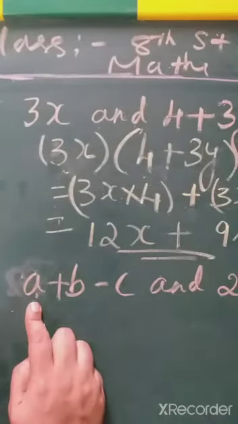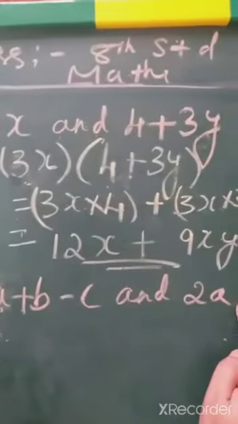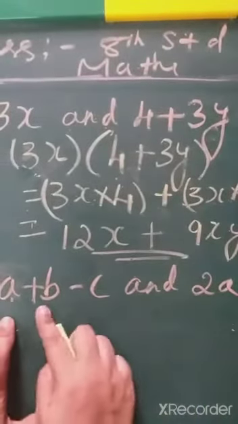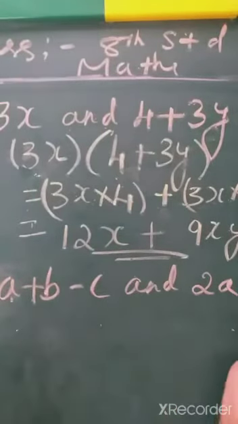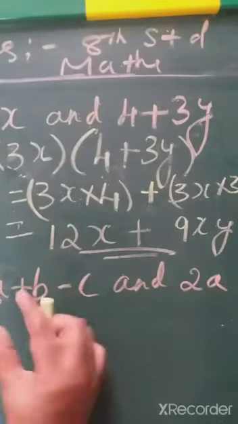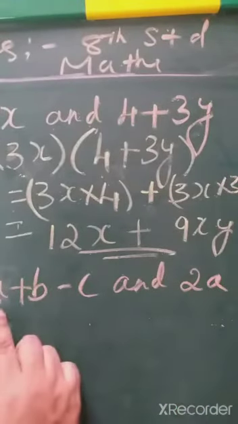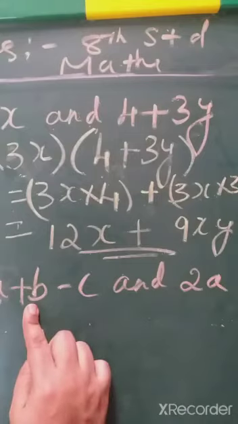Multiply trinomial with monomial: a plus b minus c and 2a. So a plus b minus c is trinomial and 2a is monomial. Now we have to multiply monomial with trinomial. Rule is same. We have to multiply monomial with each term of binomial or trinomial or polynomial.